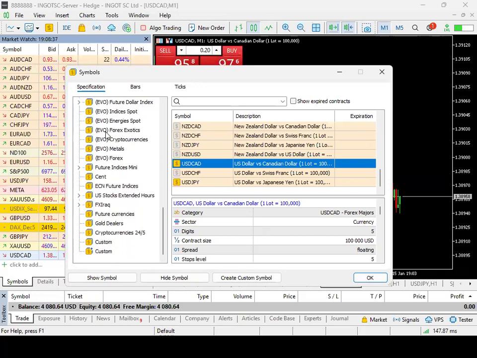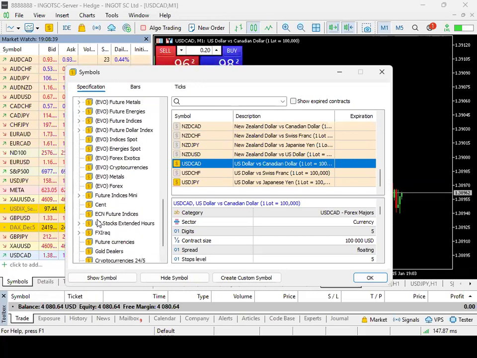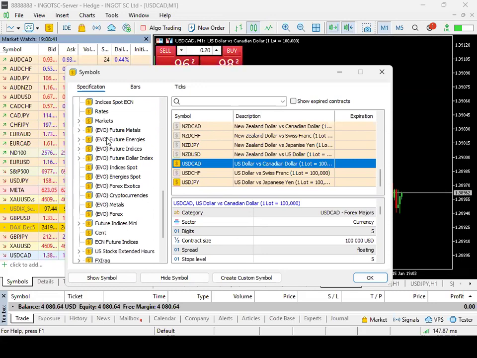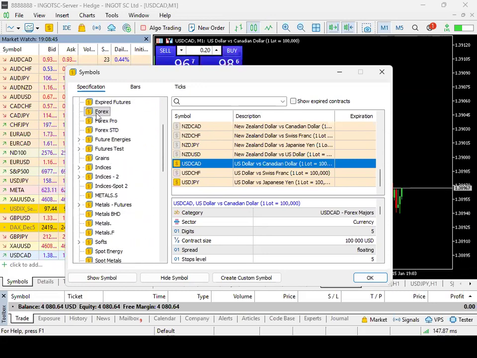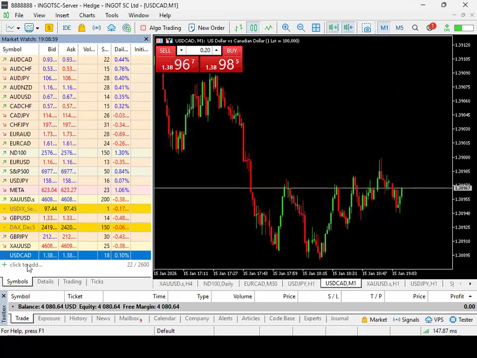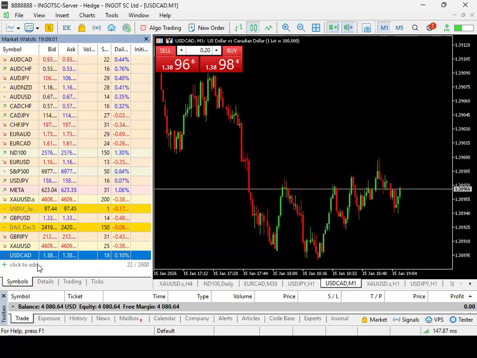We have a lot of symbols that we offer over here, okay? These are available for you. So if you want USD CAD it should be here in Forex. Just click Forex and then come here, pick USD CAD. You click on it, then you say show symbol and then okay, like that. And it comes down here. All right.